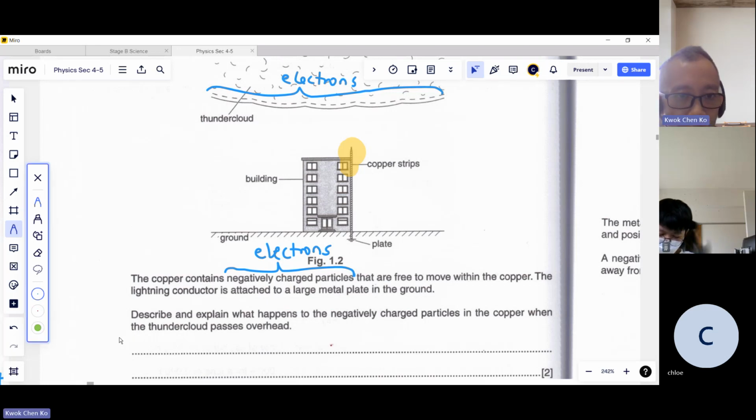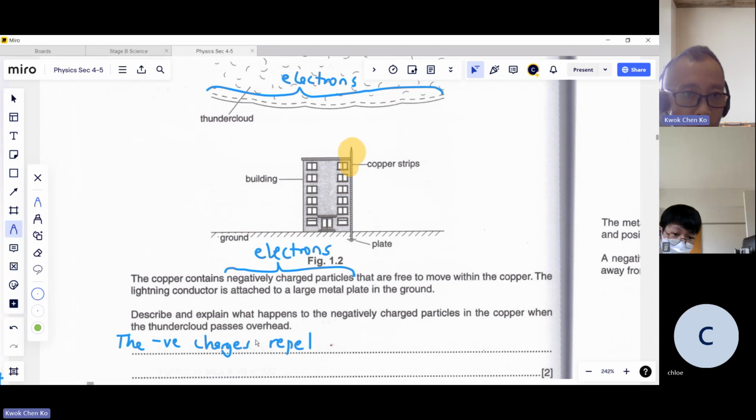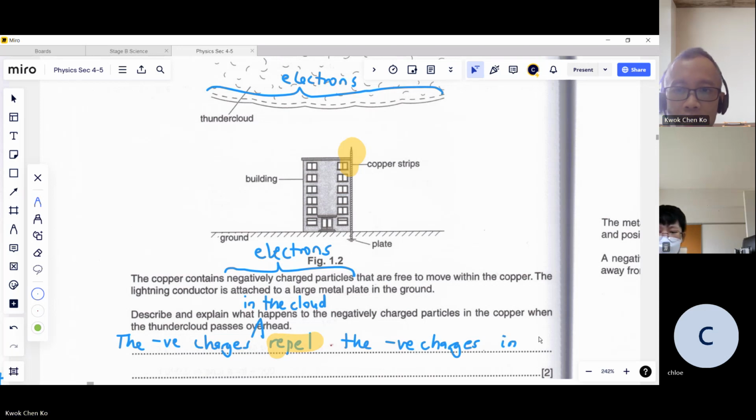Now make sure you mention the negative charges which are given in the question itself. Now they want to see this word, repel. Oh, sorry, let me qualify, in the cloud. So they repel the negative charges in the copper.